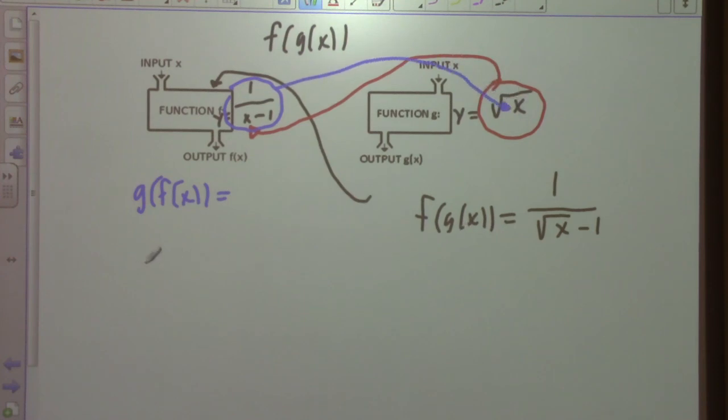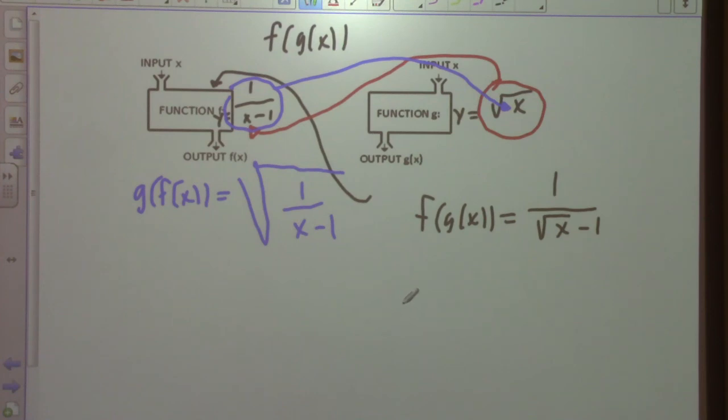So what we're going to have is the square root of this thing right here. Now, can this be simplified any further? No, it can't.